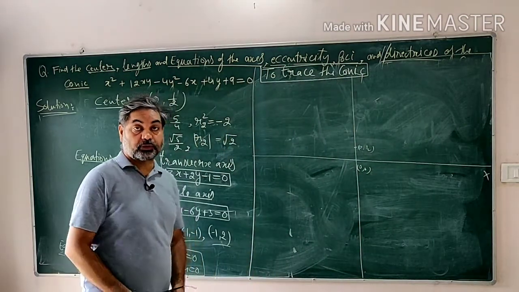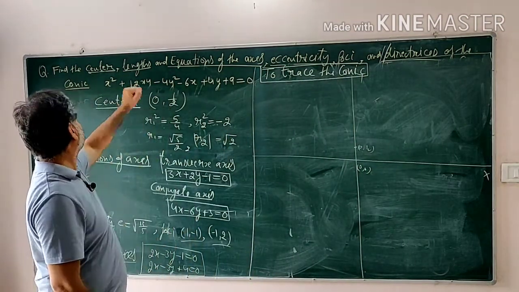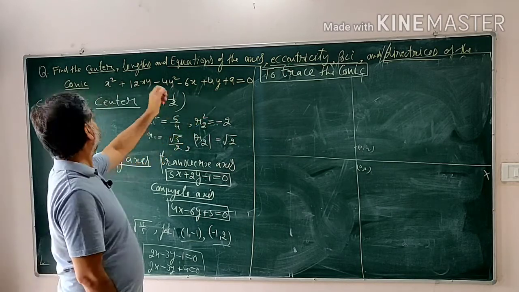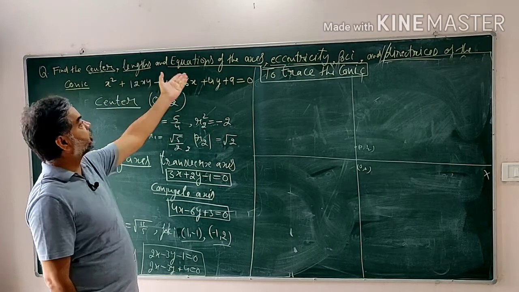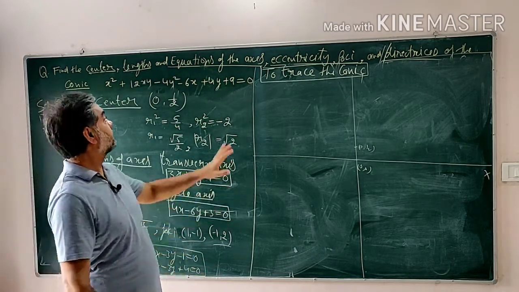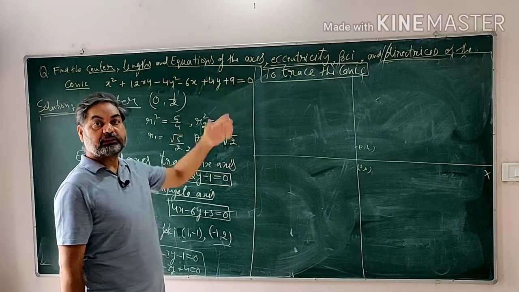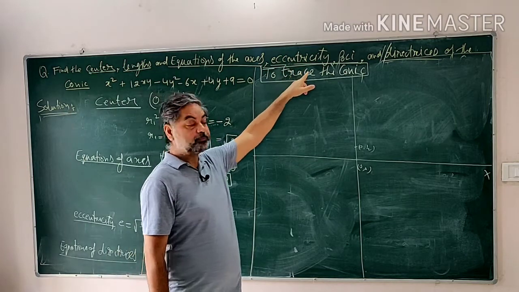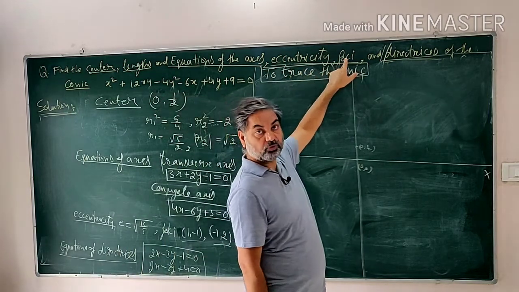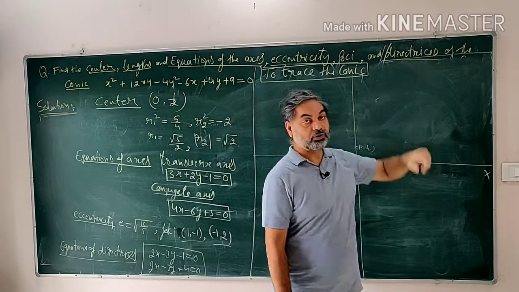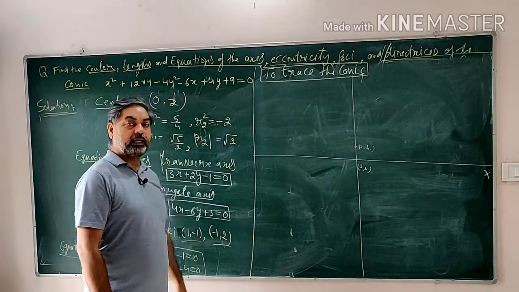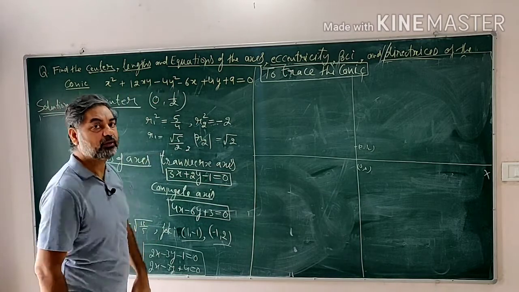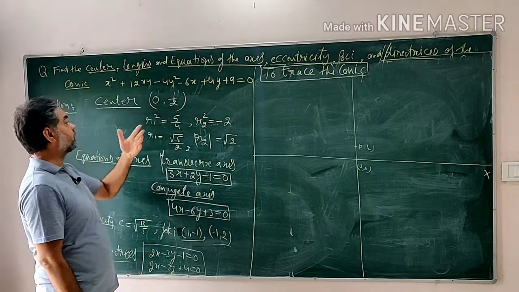So continuing further, this was the question where we are given the equation of a conic and we have to find the center, the length and equation of the axes, transverse axis, conjugate axis or major axis, minor axis, their lengths and their equations, the eccentricity, the coordinates of the foci and the equations of the directrices for this conic. So we have found the center, already discussed.